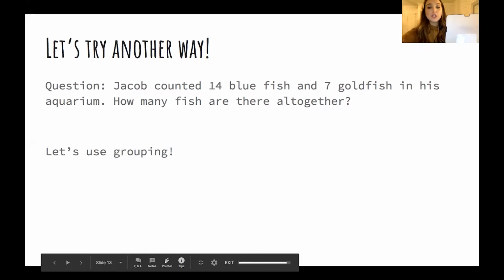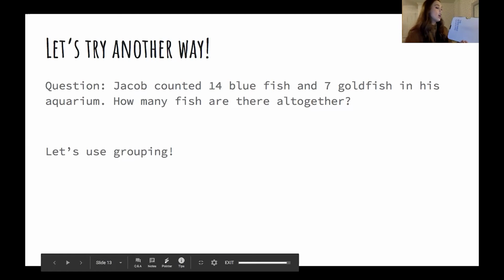I'm going to use the blue marker, and I am going to draw 14 tiny little boxes to represent our fish, okay? So I have 1, 2, 3, 4, 5, 6, 7, 8, 9, 10, 11, 12, 13, and 14.